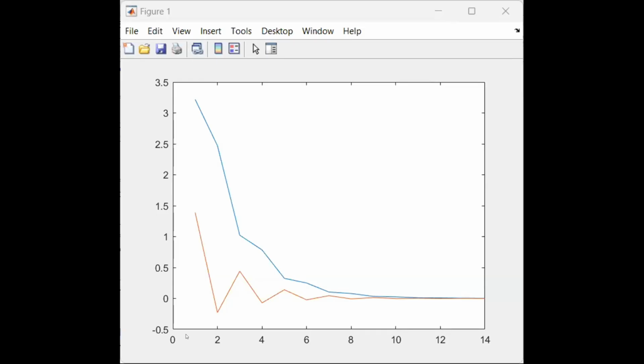When the iteration increases, you can see that it converges to zero. The blue line represents the first unknown, and the orange line represents the second unknown. Okay, you can see that it converges in this case.